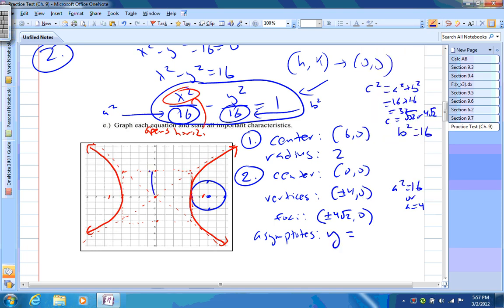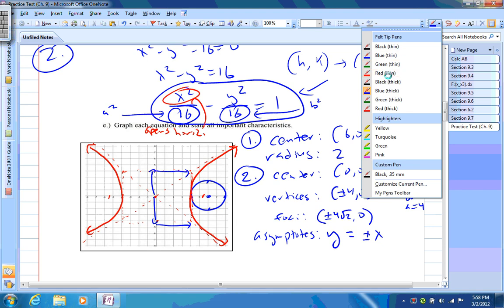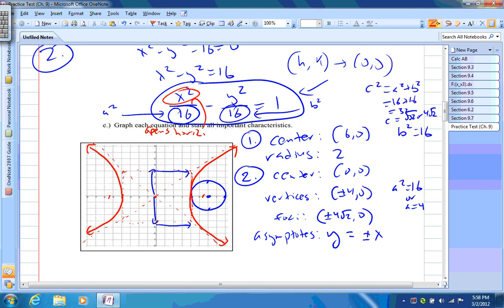See how it goes up 4 and over 4, or it goes down 4 over 4. So plus or minus x. So that's the graph, and then of course our asymptotes, our foci was here and here. And of course those are the vertices.